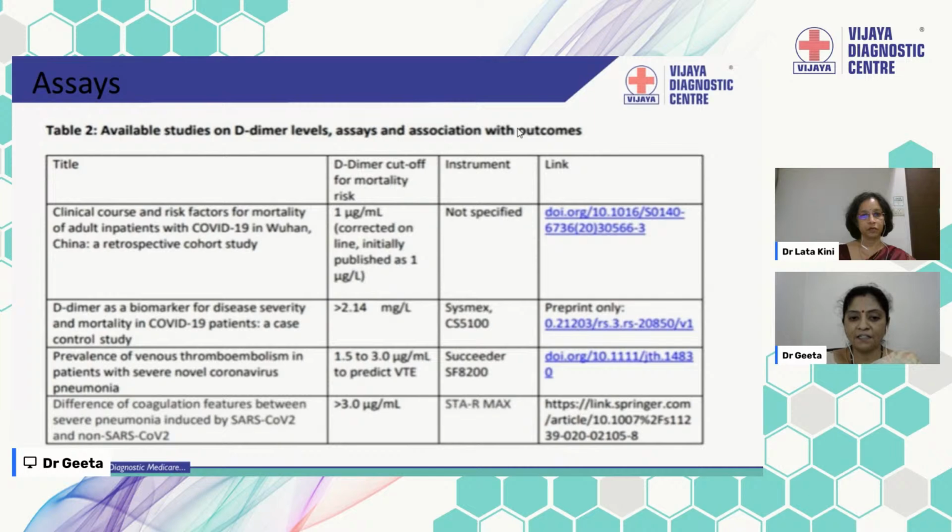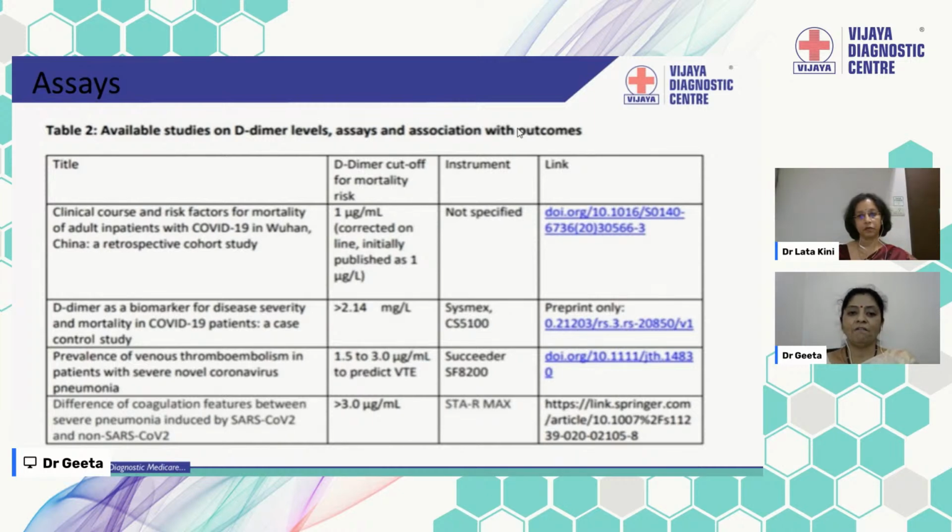Then it also says that more than 2.5 milligram per liter is a serious disease marker, and they suspect the prevalence of venous thromboembolism in patients with severe novel coronavirus pneumonia. The D-dimer levels are between 1.5 and 3.0 milligram per ml. So these are some of the statistics that we have got.